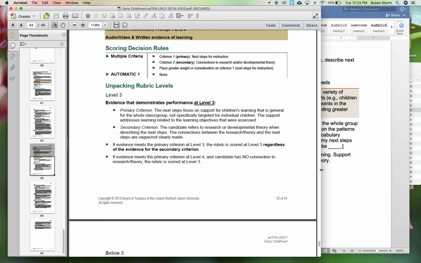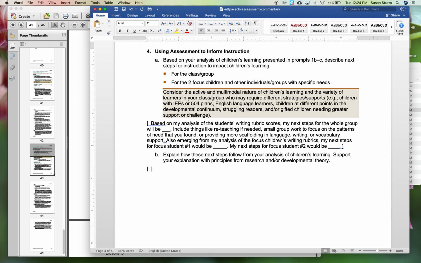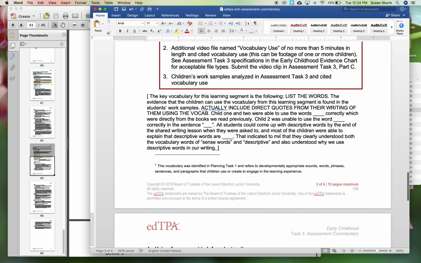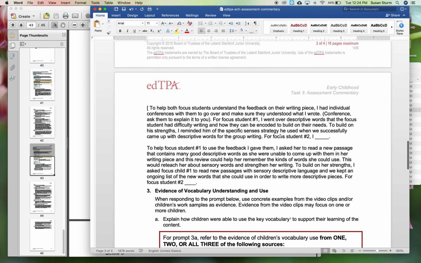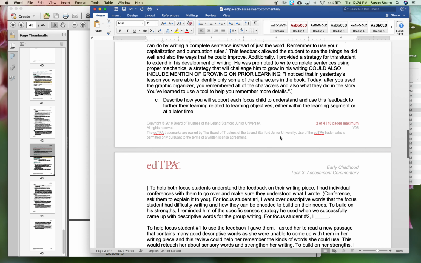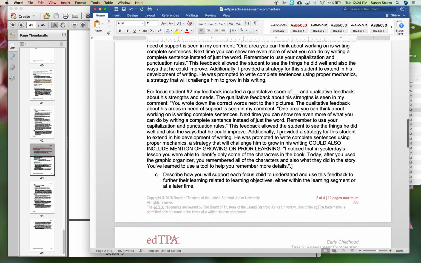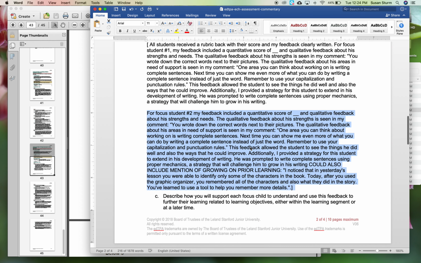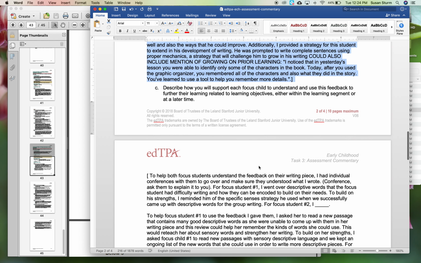And then the last part is here. I would make sure that you focus back on what you wrote in the feedback section. So here you've already talked about the feedback that you're going to give your focus students and the strategies that you're going to suggest that they use.